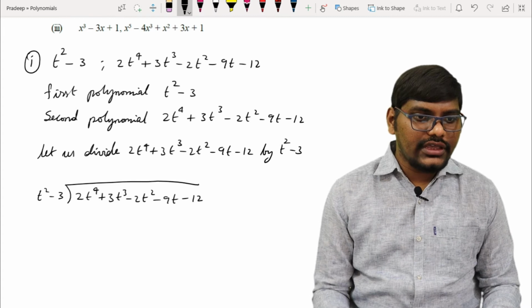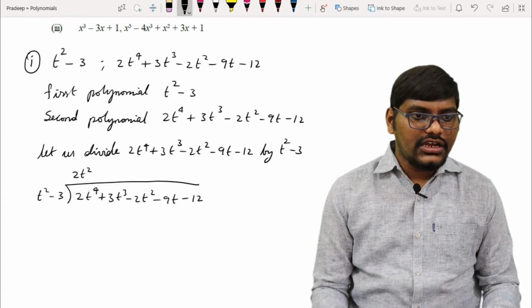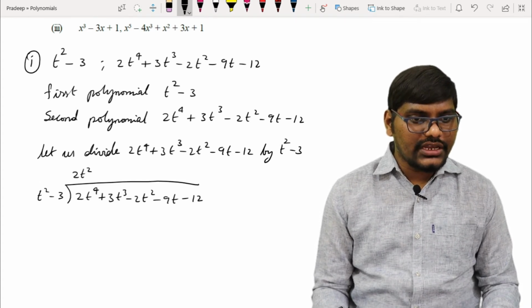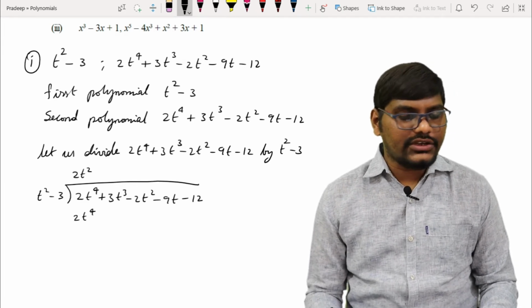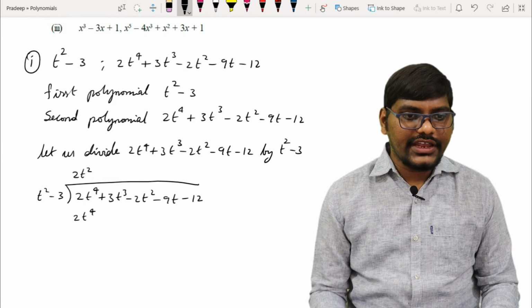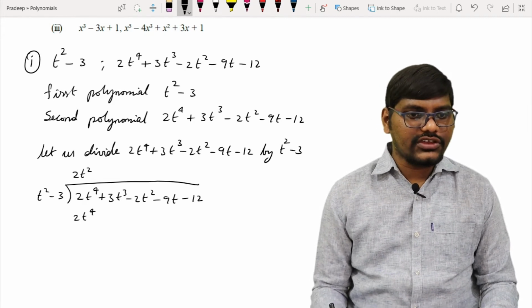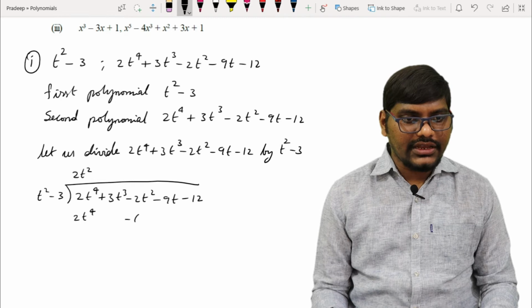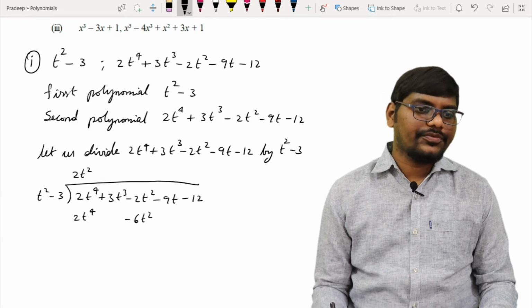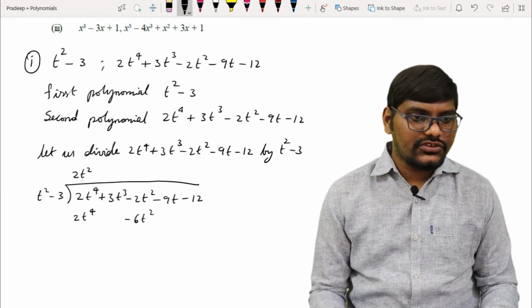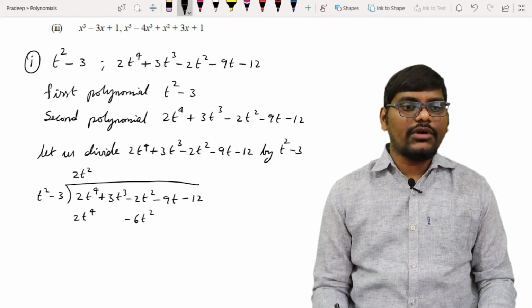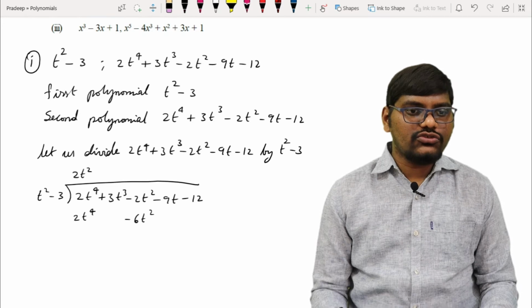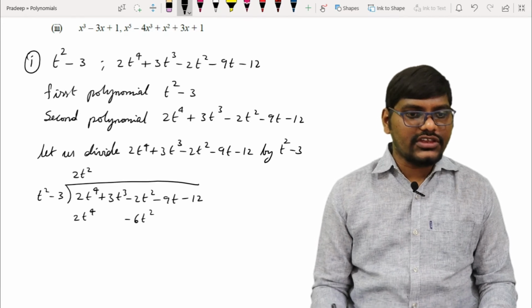Okay, so here if I take 2t square, t square into 2t square will give 2t power 4. Next term, because 3 is there, if I multiply 3 by 2 I'll get 6, so I can write minus 6t square. So t square into 2t square gives 2t power 4, and 3 into 2 is minus 6t square.